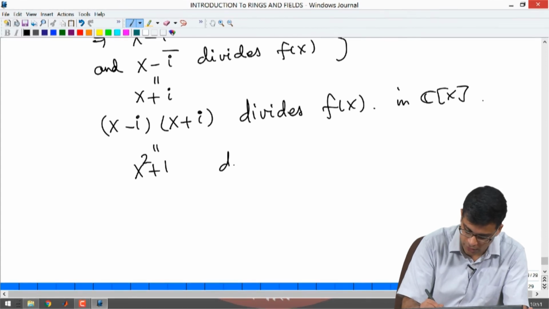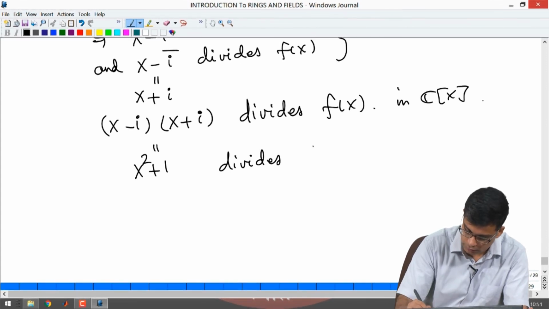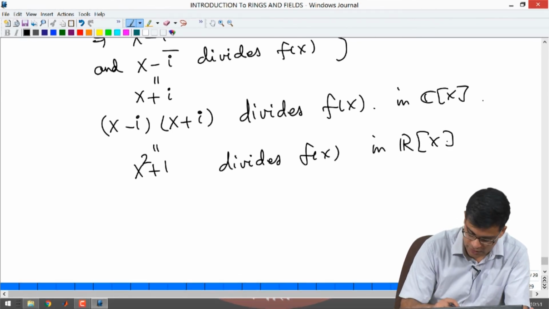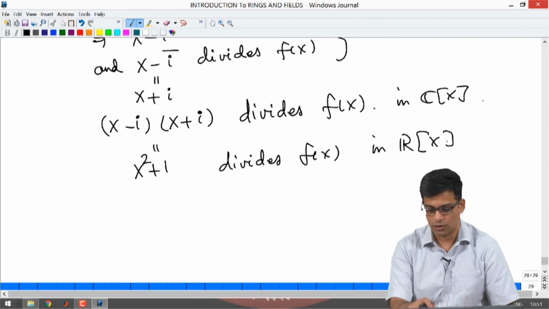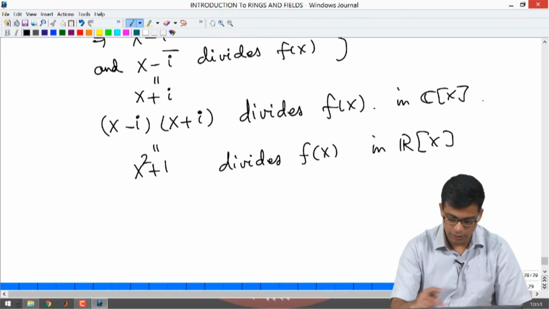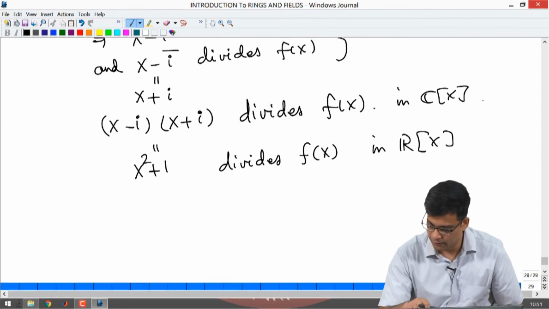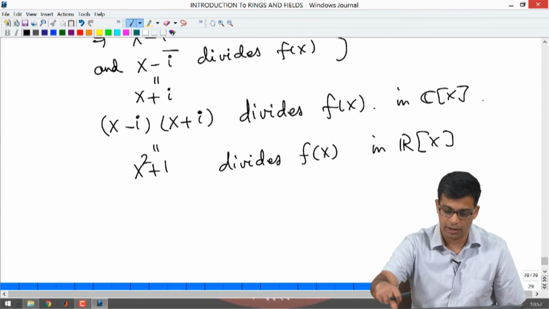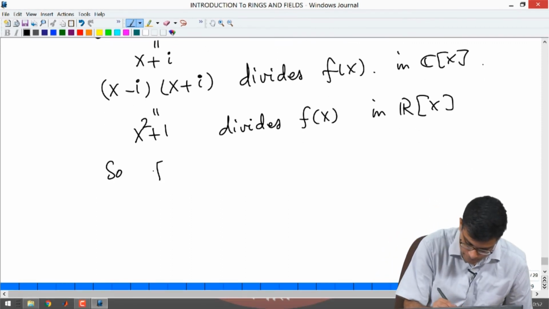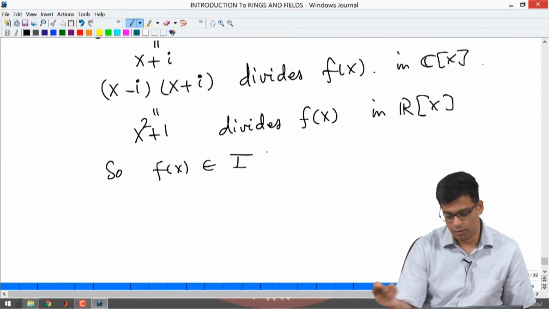So, x squared plus 1 divides f x in R x, because x squared plus 1 is in R x and f x is also in R x. If it divides in a larger ring, it also divides in the smaller ring. That means f x is in I.